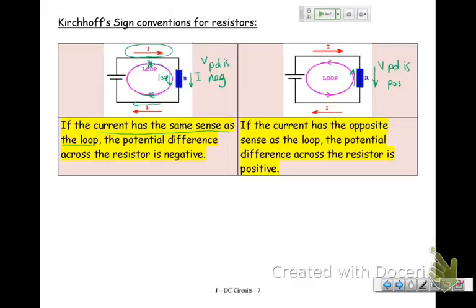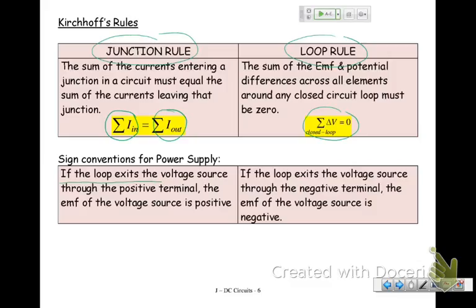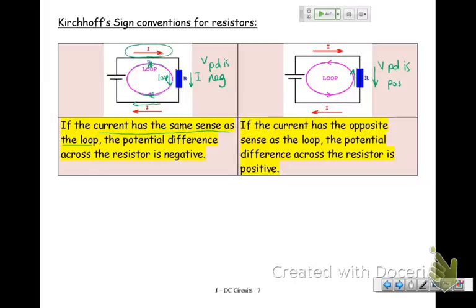I need to figure out my sign convention for my EMFs. And for that, I go back here and I say, if the loop exits the voltage source through the positive terminal, then the EMF is positive. Unfortunately, this should all be on one page, I'm sorry.